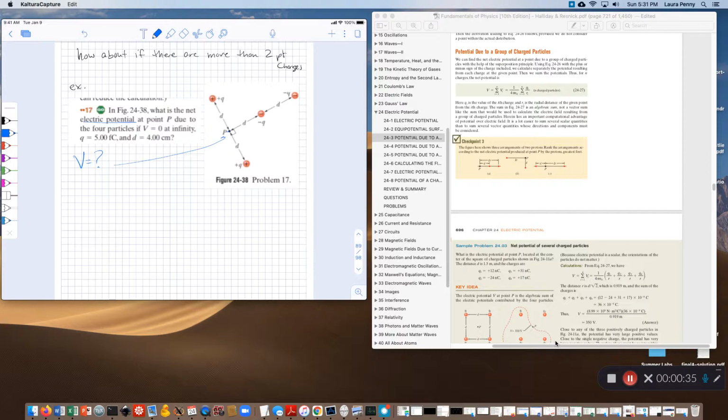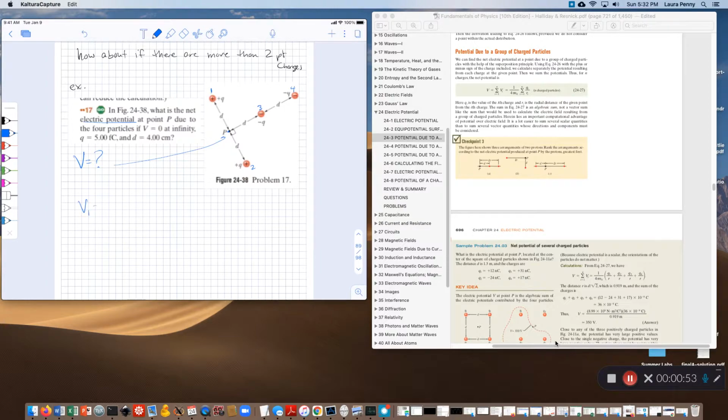So right there. And there's actually 4 different charges here, right? So I'll number them: 1, 2, 3, and 4. And they all produce their own electric potential at this point.